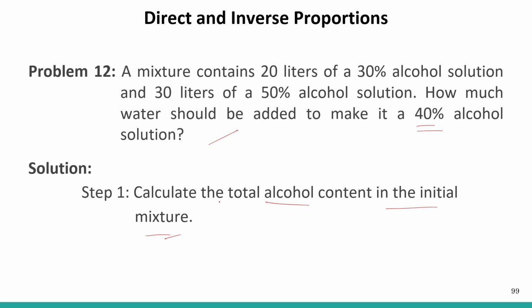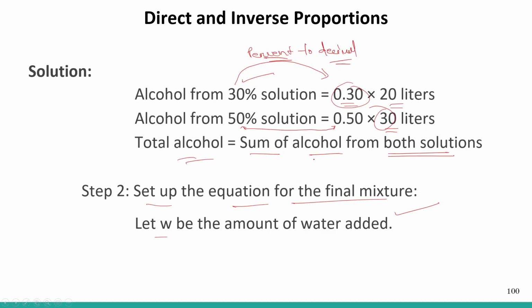So what we did first, we calculated the total alcohol content in the initial mixture. We first calculated the decimal form of the percentages 30 and 50, that is 0.30 and 0.50 respectively, and then evaluated how much pure alcohol is there in the 30% solution of 20 liters and the 50% solution of 30 liters.